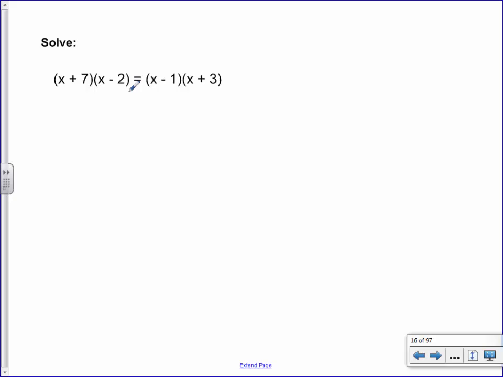Does it change our first steps though? Not really, right? We still just keep expanding. X times x, x squared. 7 times minus 2, minus 14. What did I miss? 7 times x is 7x. X times minus 2, minus 2x.